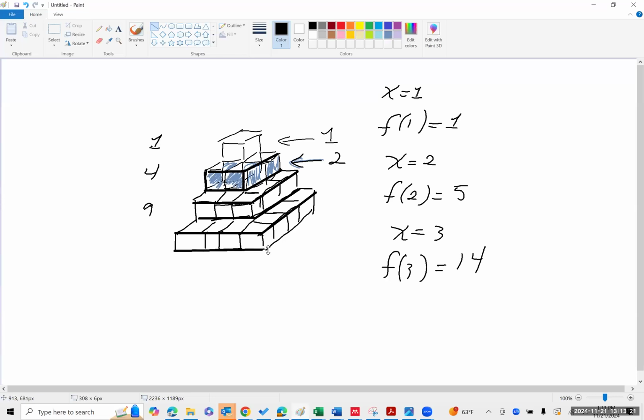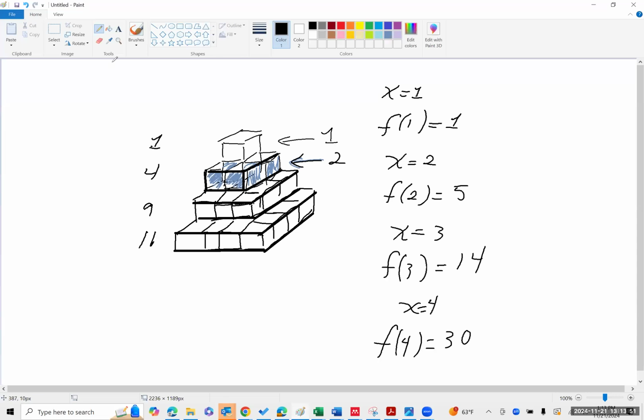So if you're following, you're gonna see that this is a 4 by 4, which is 16. So since I'm just adding to the previous one, when I have 4 layers, f of 4 is the 16 plus the 14, which is 30.